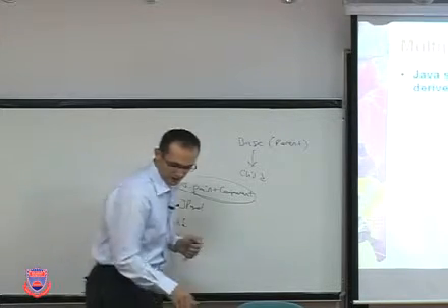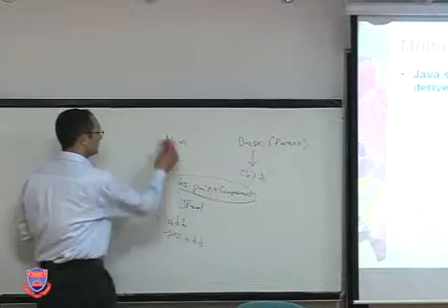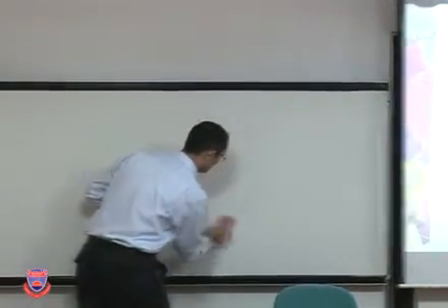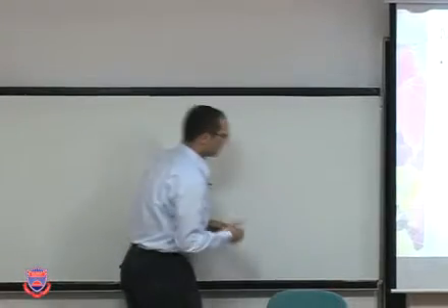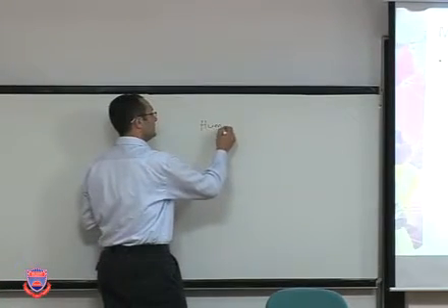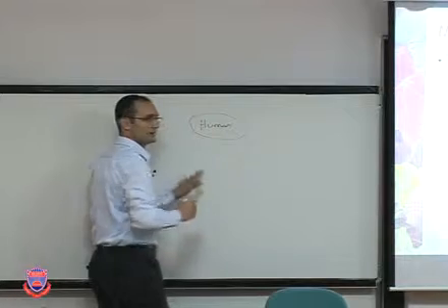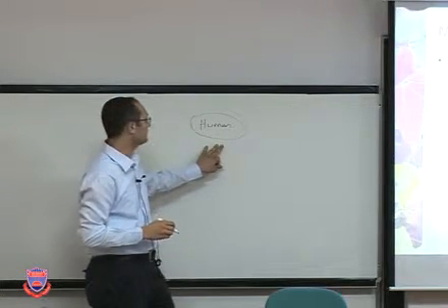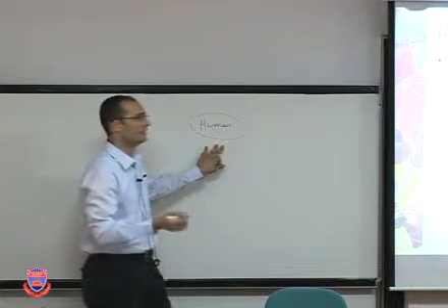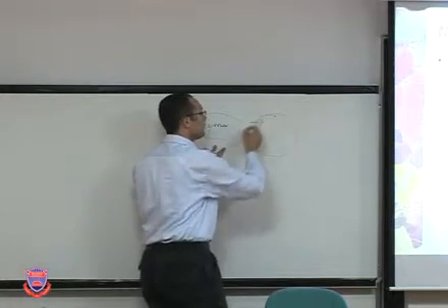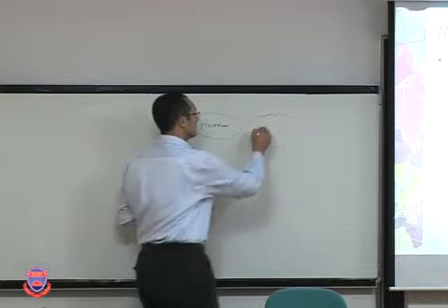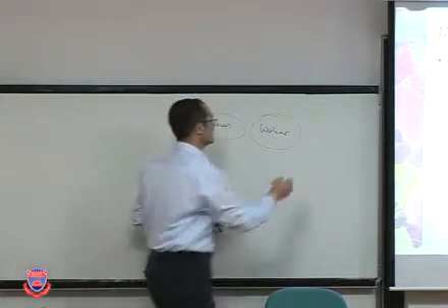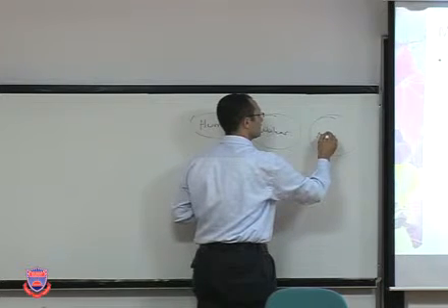So let's say I have a class that gives properties of a human. So I have a class that identifies a human being. And then let's say I have another class that identifies a worker. And then I have another class that identifies a musician.